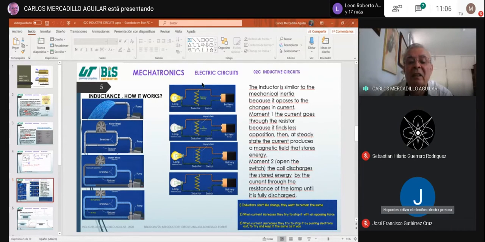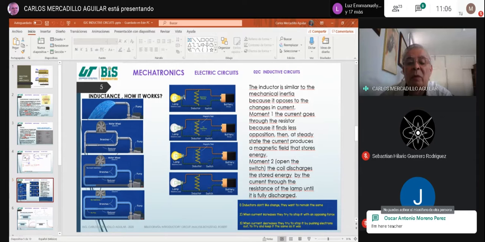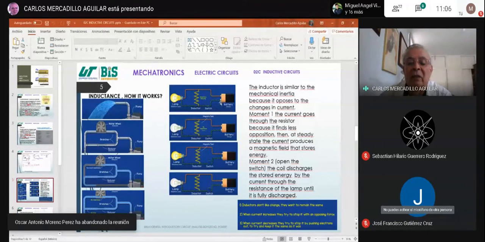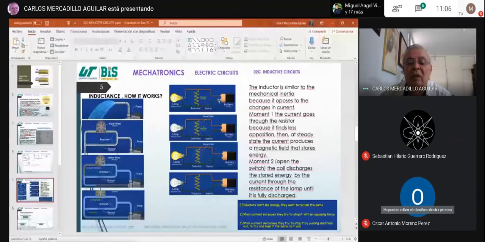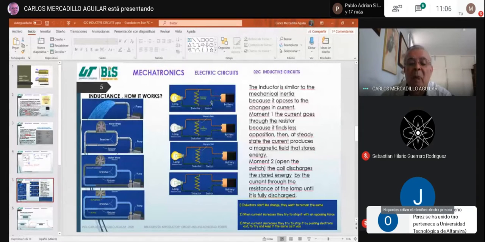So, analyzing the circuits, what happens at the first moment when we close the switch is that a current starts. I will signal it from the positive to the negative. We know that electrons go in the opposite sense, but the conventional current is from plus to minus.